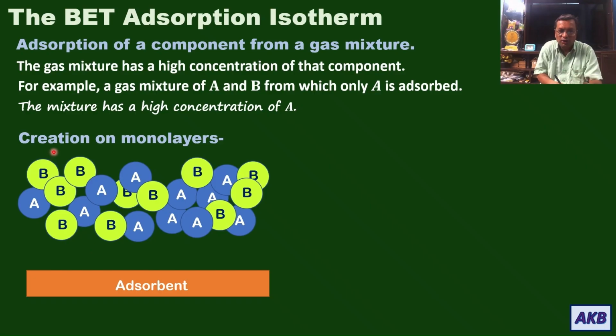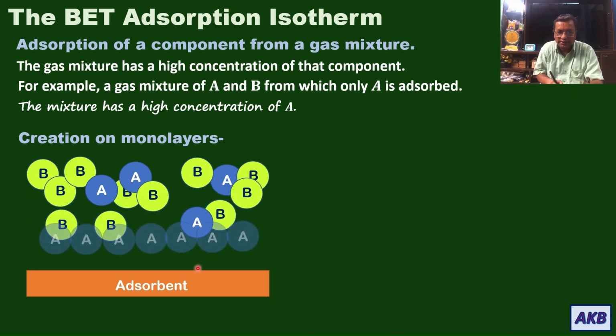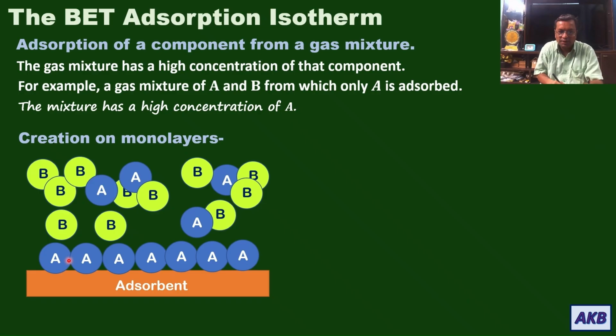One way of creating the monolayer is that molecules of gas A get adsorbed on the empty surface of the adsorbent and form the monolayer.